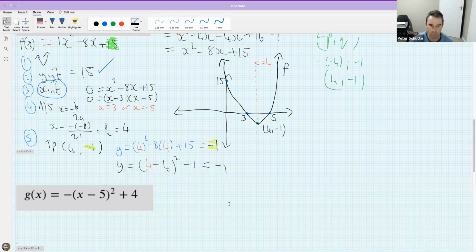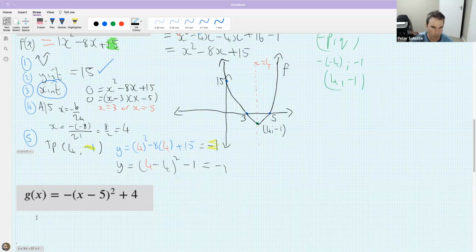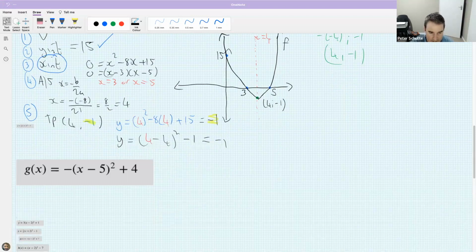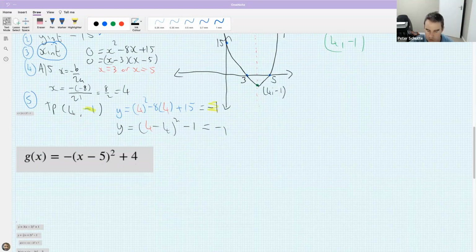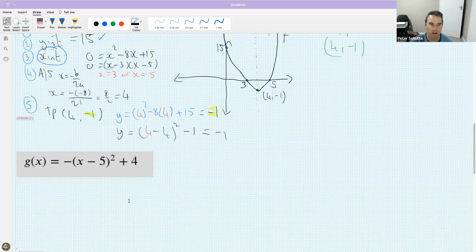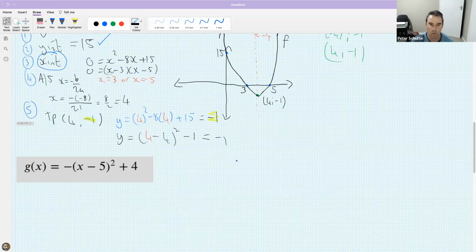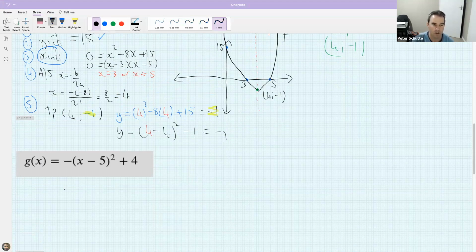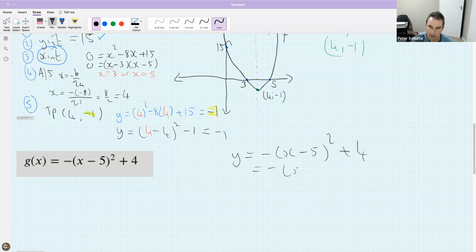I'll actually show you with this one, there's actually two ways you can do it. The one way is to do it leaving it in turning point form, and the other way is to break it down. So it's up to you guys what you want to do. I'll show you both. But if you were breaking it down, you would have to first multiply out this bit, and that can be a little bit tricky.